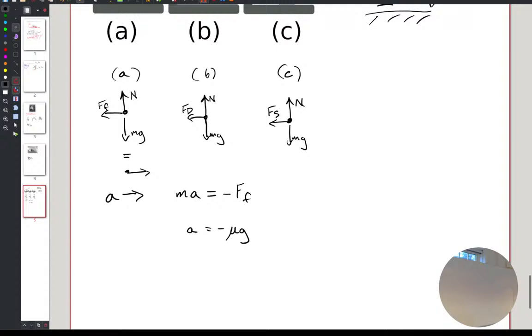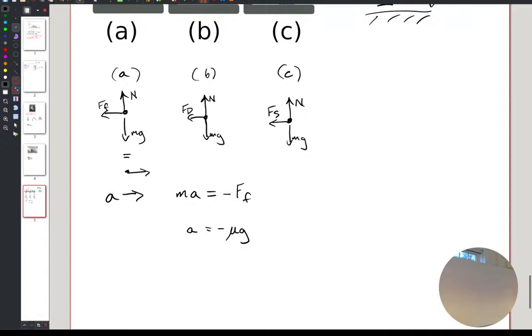Did you plug it right in? Yeah. And then velocity stuff.